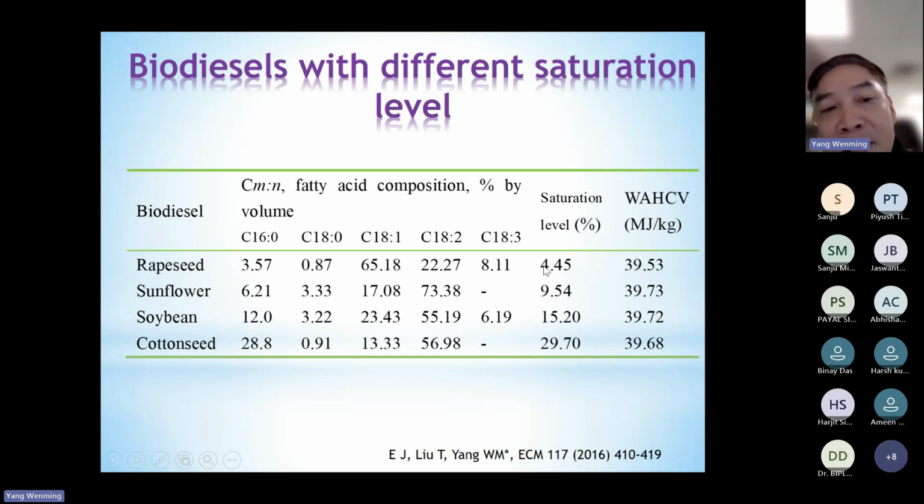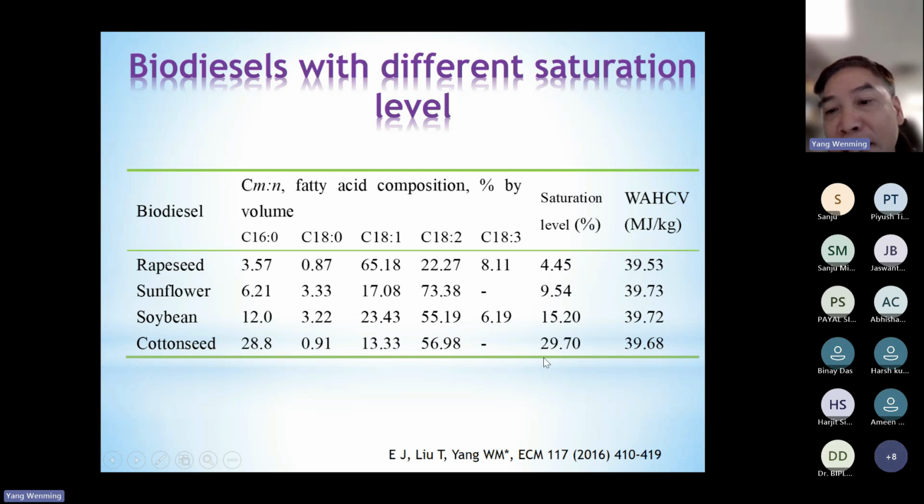So for the first case, rapeseed biodiesel, the saturation level is 4.45 only. For sunflower, the saturation level is this one plus this one divided by the sum of the total compositions, so it equals 9.54. Soybean biodiesel saturation level is 15.2.